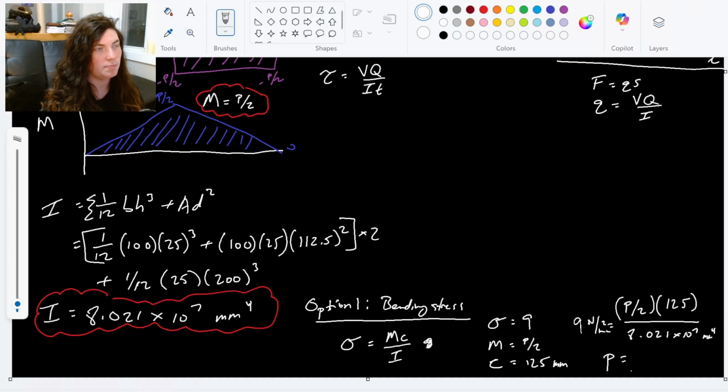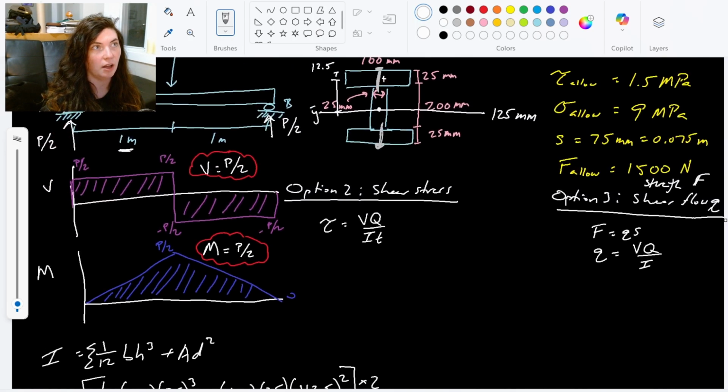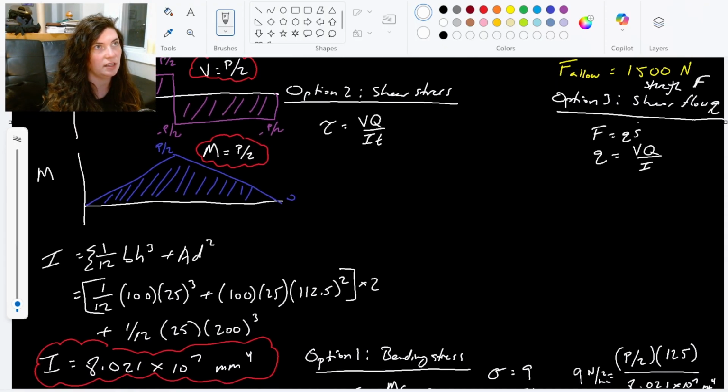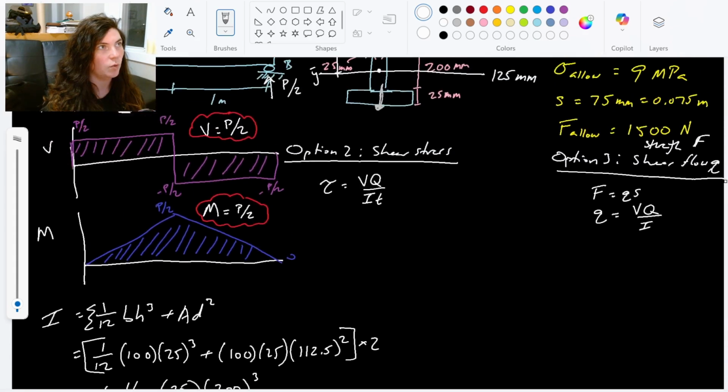So here I get a maximum P value of 11550 newtons. So that's my max P value to have an acceptable bending stress. Now I need to check if this number is lower or higher than my other two options. So I still need to check the shear stress and the shear flow options. All right, so one done.